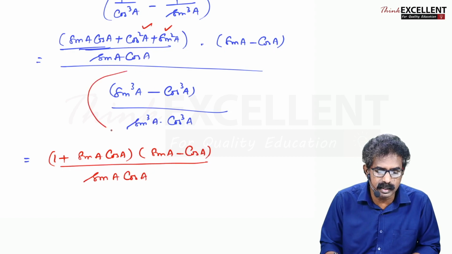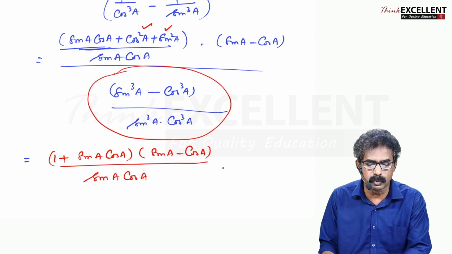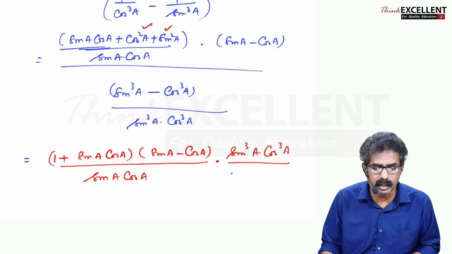Now for this denominator, instead of writing as a denominator, you put into and write the reciprocal: sin cube A into cos cube A divided by sin cube A minus cos cube A.